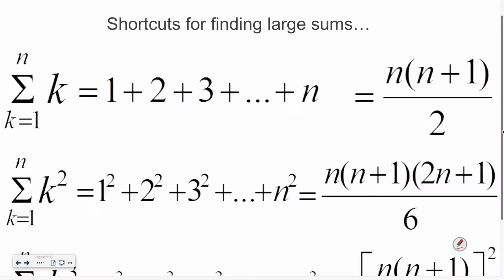So if you have the sum from k equals 1 to 50 of k, instead of saying 1 plus 2 plus 3 plus 4 plus 5, all the way to 50, we have n times n plus 1 over 2.